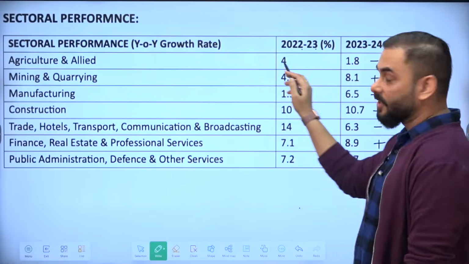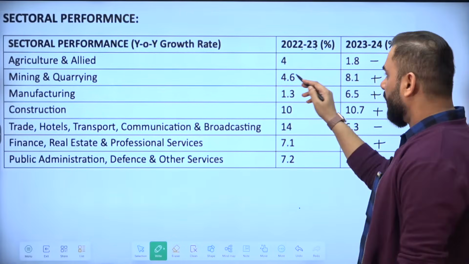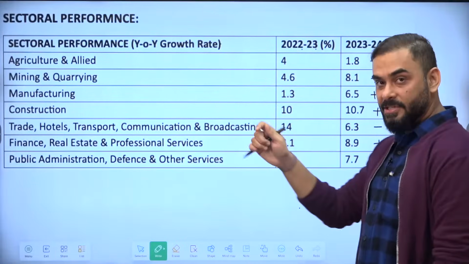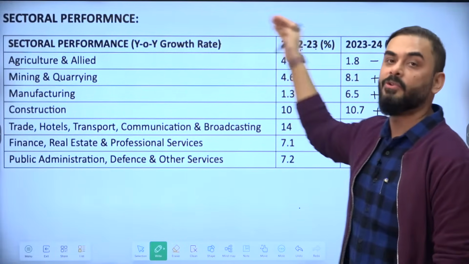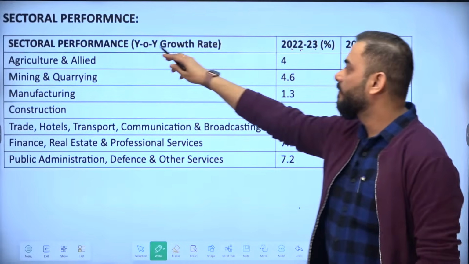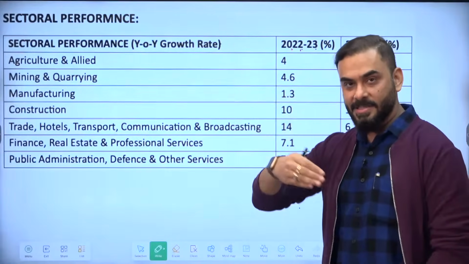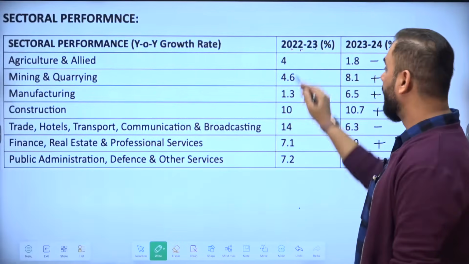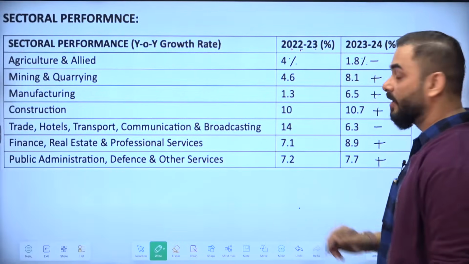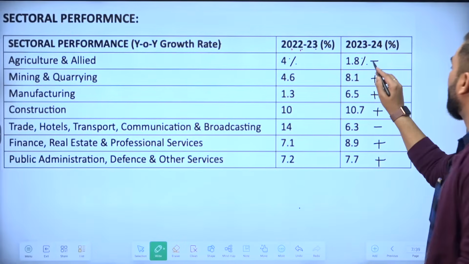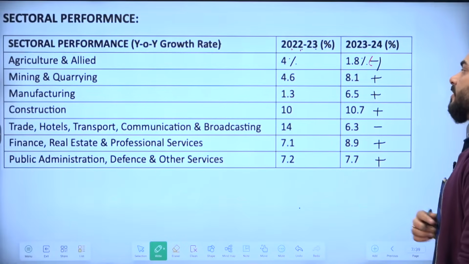For example, agriculture and allied activities, you look at the year-on-year growth, which means growth in agriculture in 2022 compared to 2021. So year-on-year means we compare this year with the past year. So 4% rate of growth, but see, in 23-24, it has become 1.8%, such a huge drop. So I have mentioned negative, which means that agriculture has performed poorly.